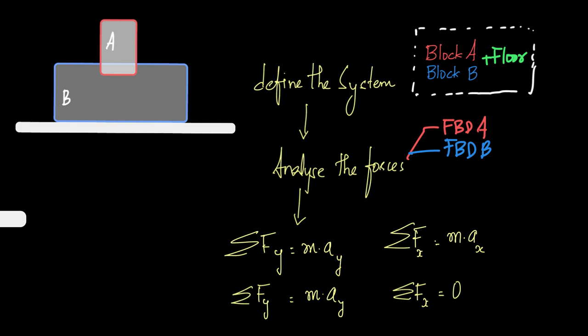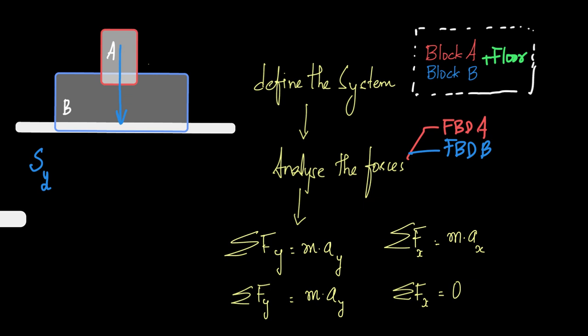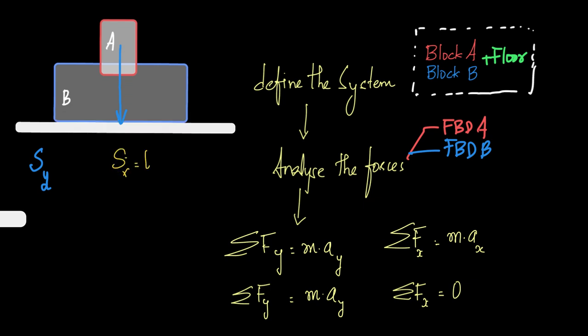Now, if you observe here, the system of masses is actually moving downwards like this, right? So we know that if the object is moving vertically downwards, there will be some significant Sy, displacement in Y direction. But since the system is moving neither to the left nor to the right, we can write that displacement along X direction is equal to 0.